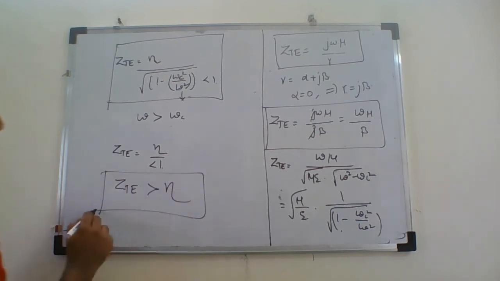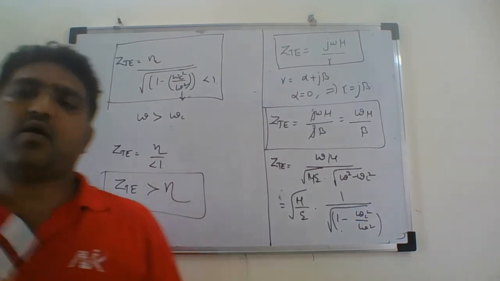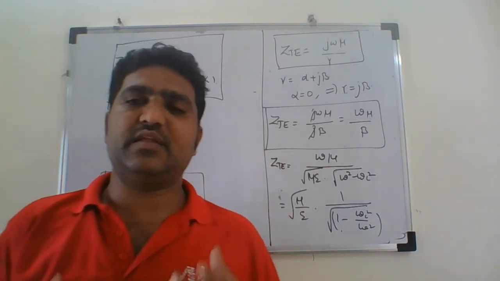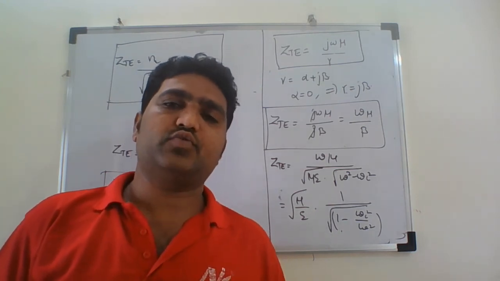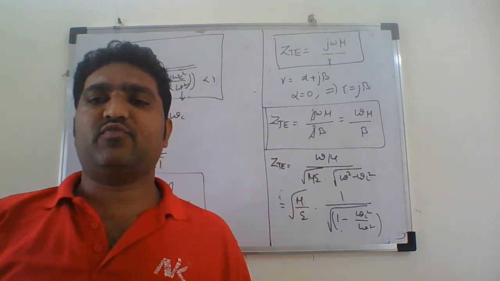So in case of transverse electric wave, the impedance seen by the wave inside the waveguide will be more when compared to the intrinsic impedance. These are the two points we have to remember.